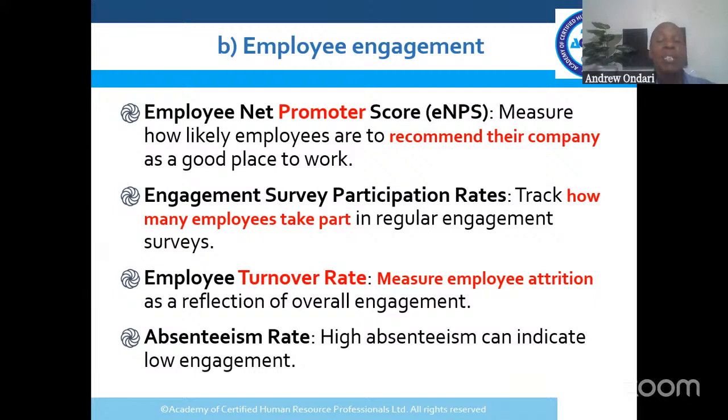If somebody does not have this, then they are disengaged. And the disengaged people are likely to perform poorly or exit the organization. So as a HR strategy, we must look for ways of engaging people.